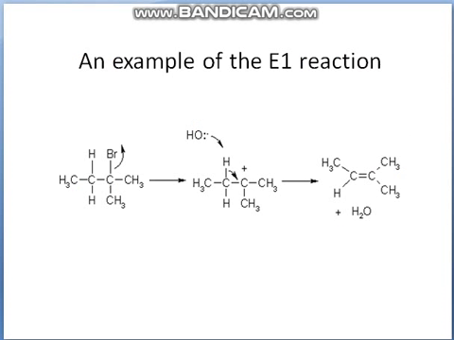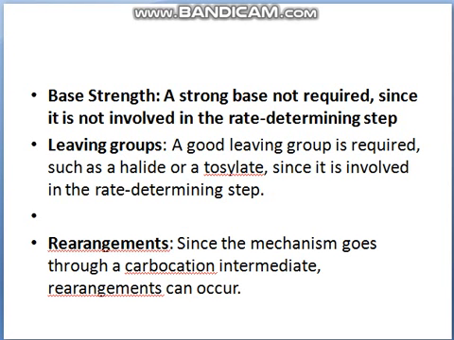Base strength: a strong base is not required because it is not involved in the rate determining step. A good leaving group is required, such as a halide or triflate, because it is involved in the rate determining step. Rearrangement: since the mechanism has a carbocation intermediate, rearrangement also occurs in this.